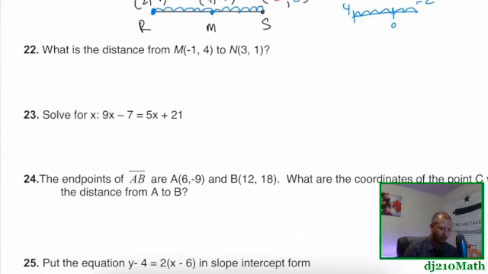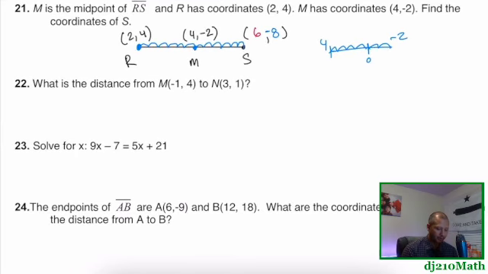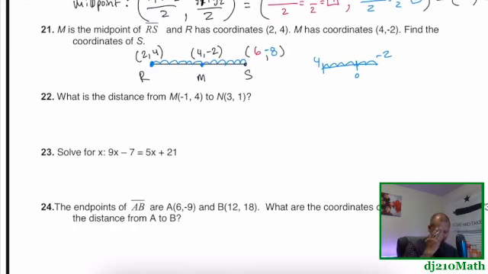Okay, 22. What is the distance from M to N? So distance means distance formula. So this is x1, y1, x2, y2. All right, we're going to plug in the appropriate numbers into the distance formula, which you can look back on your paper.